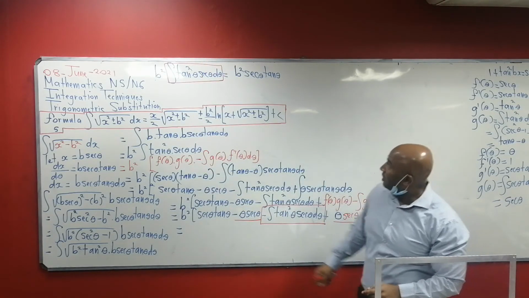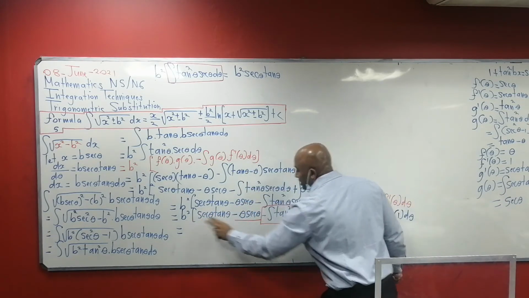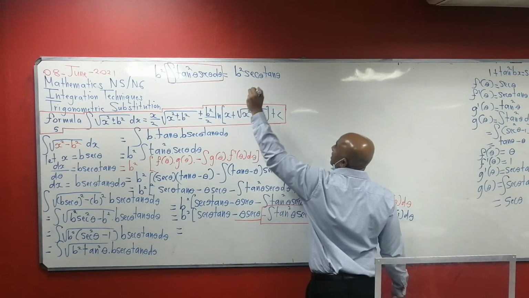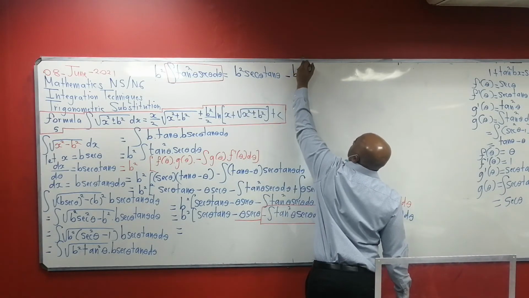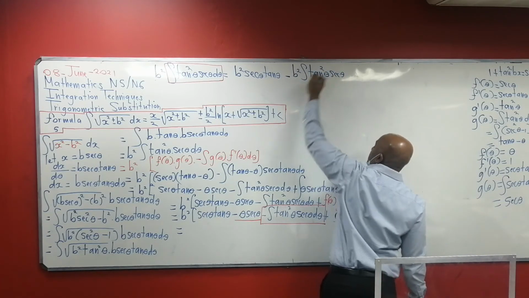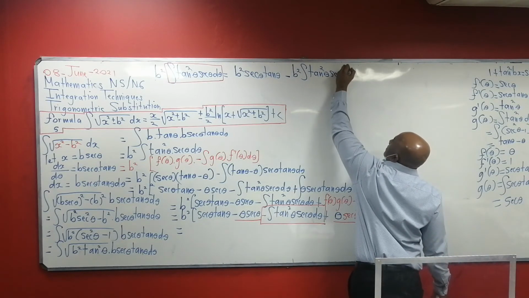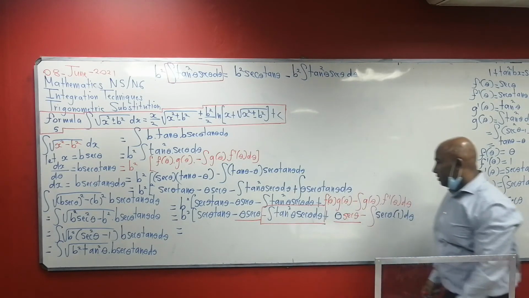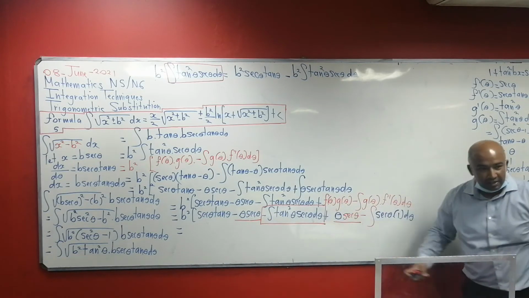Right, so I'm removing the brackets here. B squared times that. And then I got b squared times minus tan squared sec, which is minus b squared tan squared times sec theta d theta. Alright, so where am I now? I know that that and that cancelled.